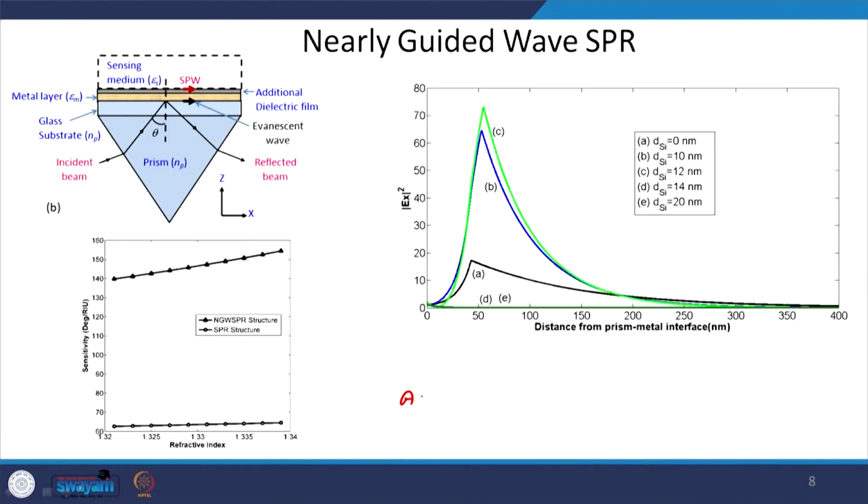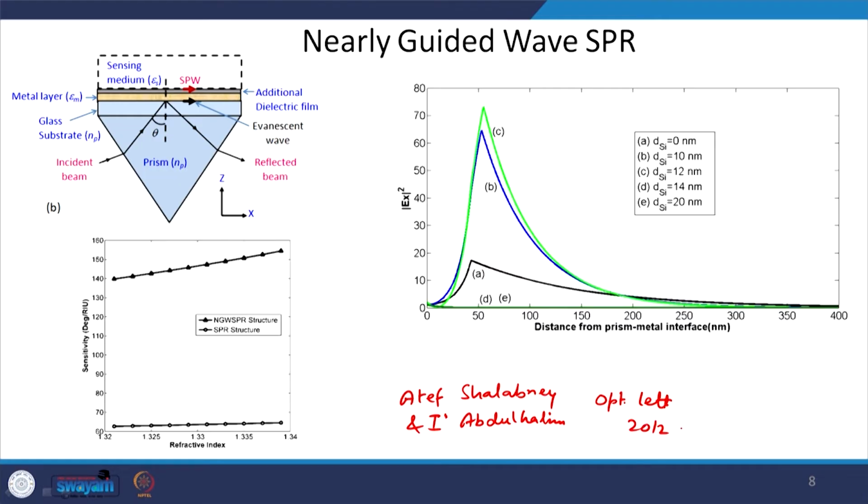There are other techniques also to improve the sensitivity, and that is nearly guided wave SPR. It was first reported by Atif Shalabney and Ibrahim Abdulhalim at Optics Letters, 2012.